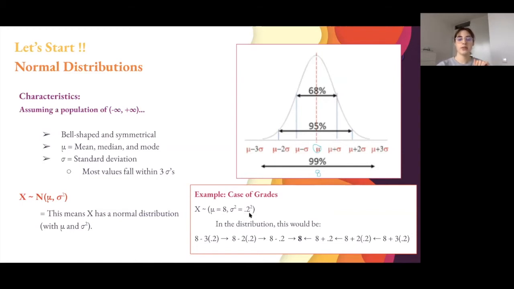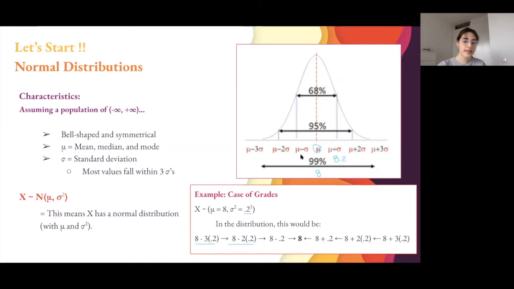And standard deviation is 0.2. So in this distribution, this mean, or this mu, would be 8, and then mu plus 1 standard deviation would be 8.2.